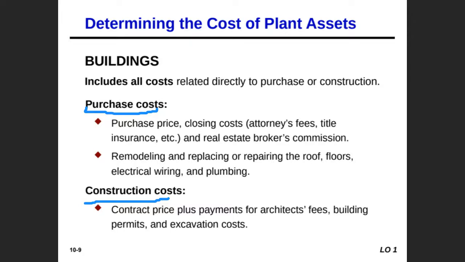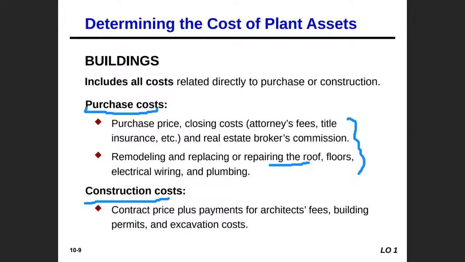Fees for attorney, like lawyers, transferring of title, transferring of ownership, insurance, anything, real estate broker's commission, agent commission. If you have done any repairing to that building which you just purchased, anything extra you have done on that building, it is all cost. Okay, should be included.